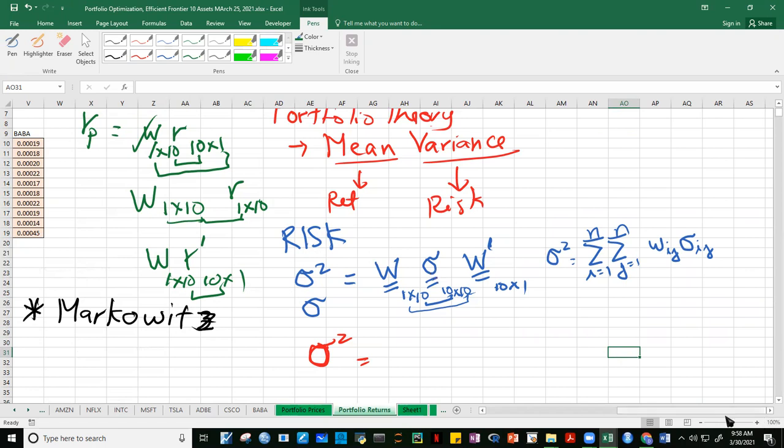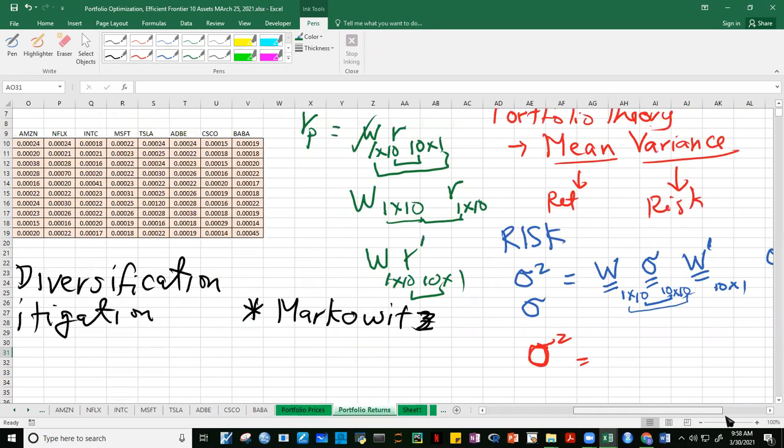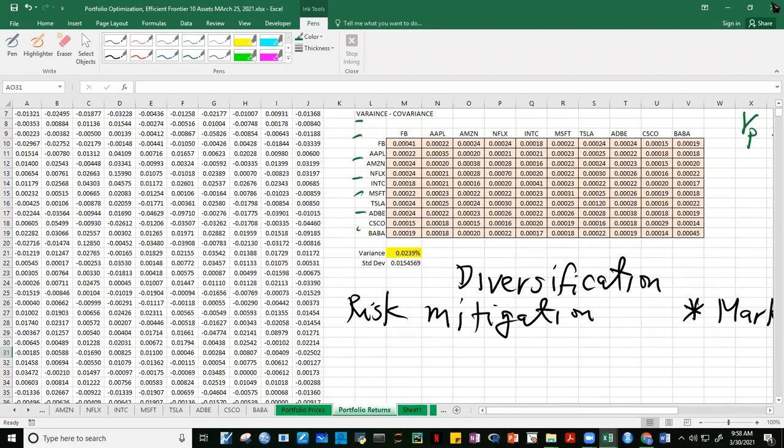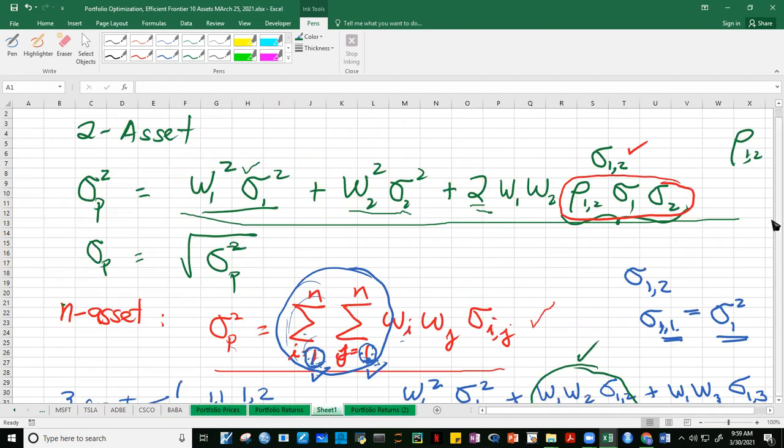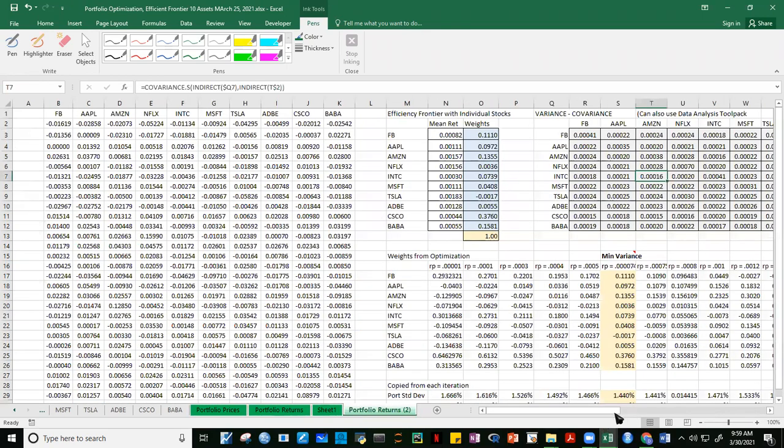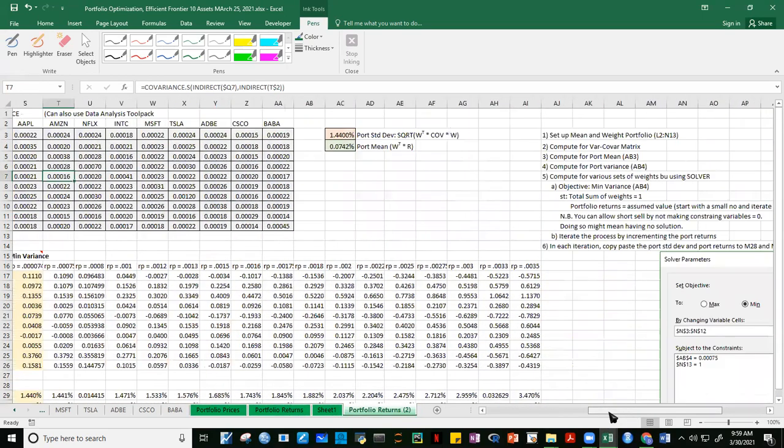Okay, so what we're going to do now, ang objective natin, is to construct our efficient frontier. Ginawa ko na siya, I think, the other day. This is what we would like to do.